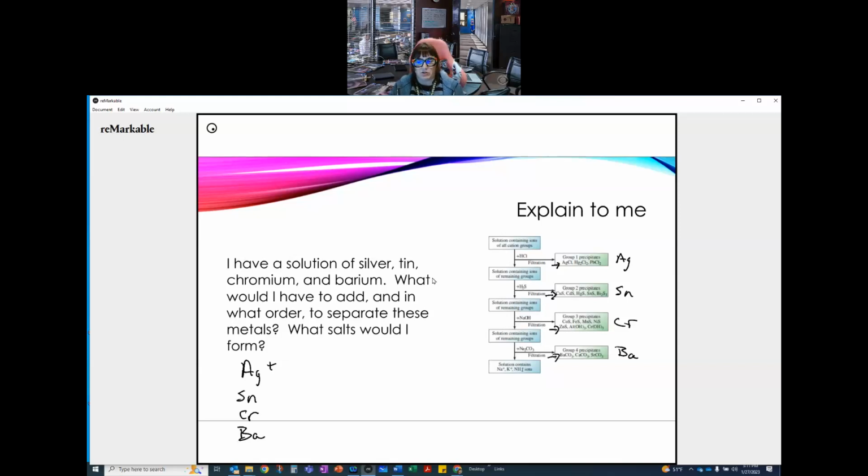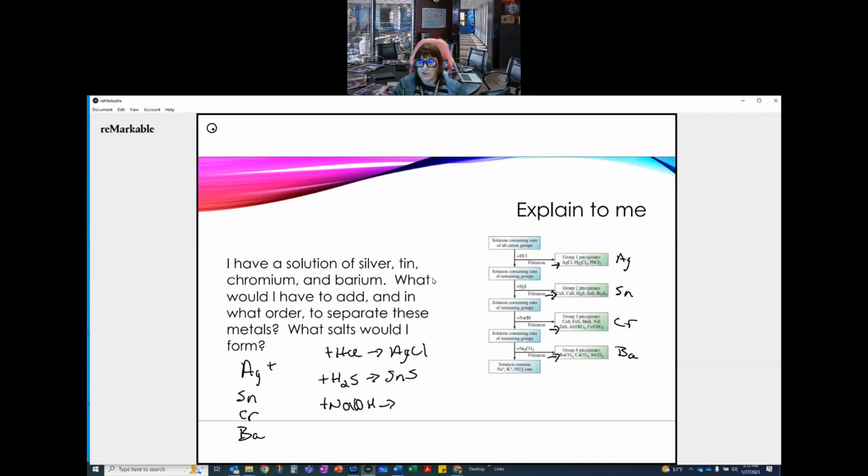So if I take this mixture and I add HCl, I get out AgCl. Cool, awesome. If I then add H2S, I get out an SnS, and that's what it says in the thing, which means that tin is a +2, and sulfur is a -2. Okay, awesome. Now I can add NaOH.